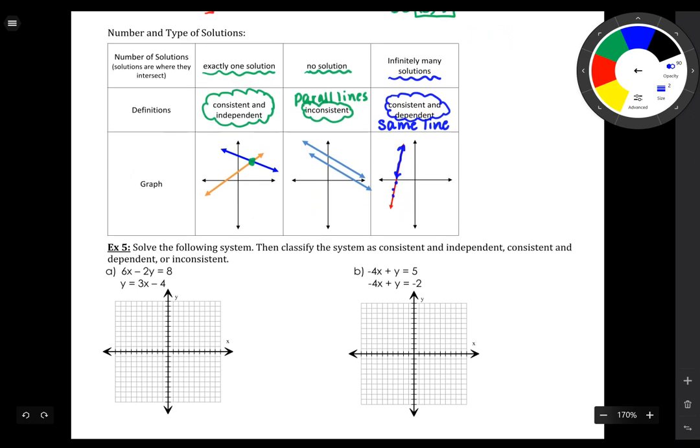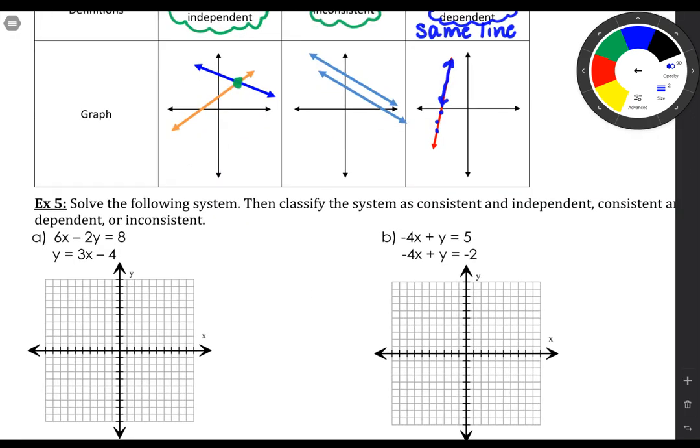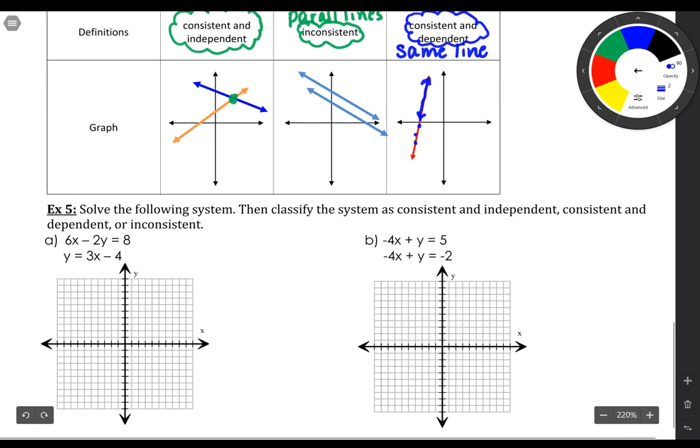All right, our last two examples. Solve the following system, then classify the system as consistent and dependent, or inconsistent. So if you look at problem A, the second equation is already in the beautiful y equals mx plus b form, but the first one is not. So what we want to do is solve that for y.